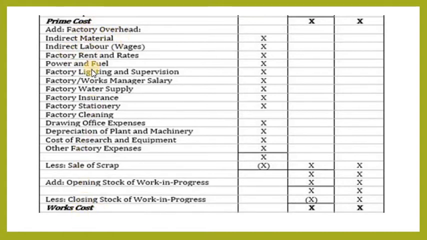These are all the factory overheads. We deduct the sale of scrap, add opening stock of work in progress, deduct closing stock, and get the total work cost of production. Okay, this is the next slide in the preparation of cost sheet. First we have to calculate the prime cost.